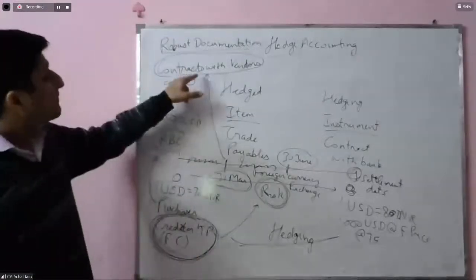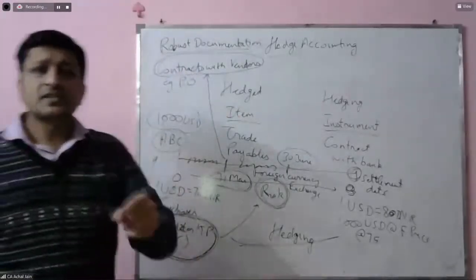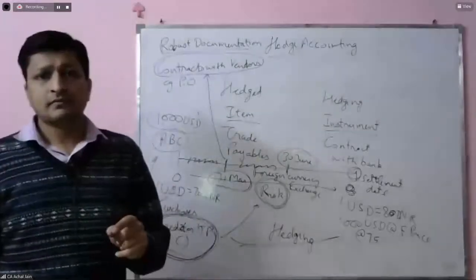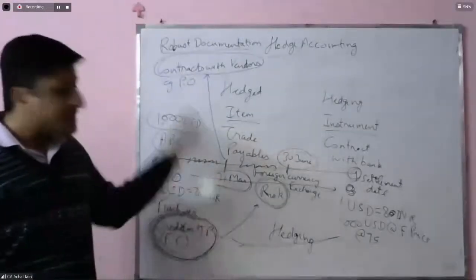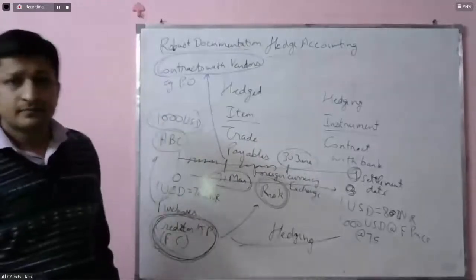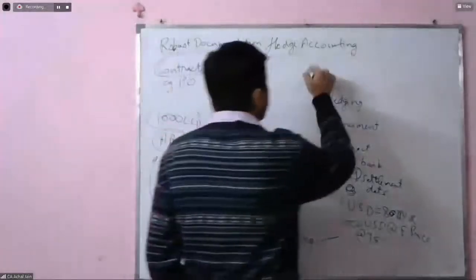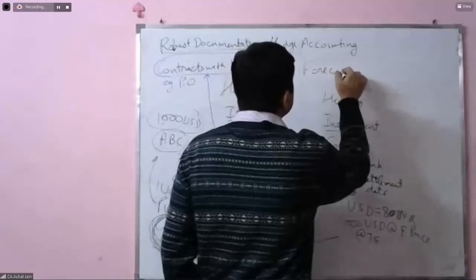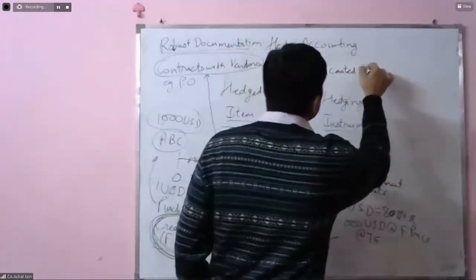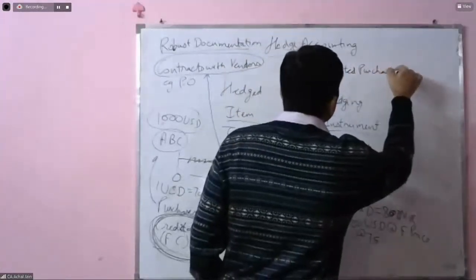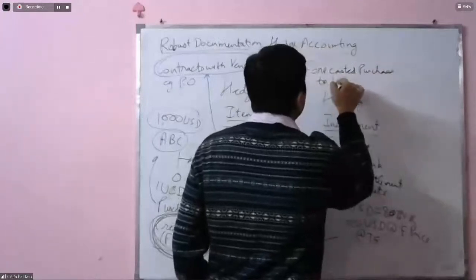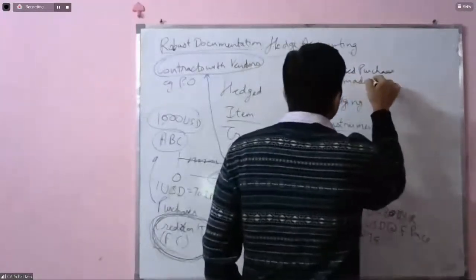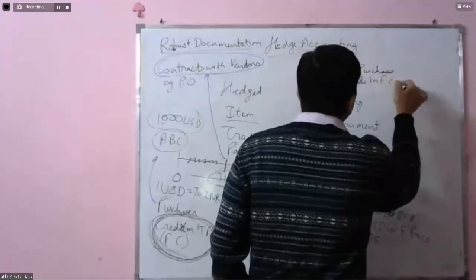Entity doesn't have any signed contracts, doesn't have any purchase orders which are committed as at a particular date, but entity has forecasted purchases to be made in foreign currency.